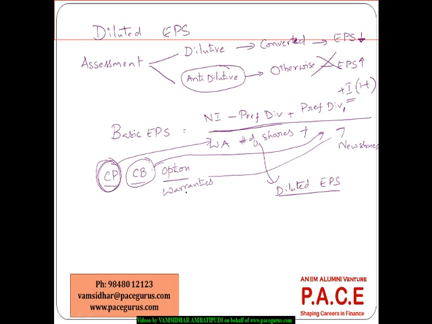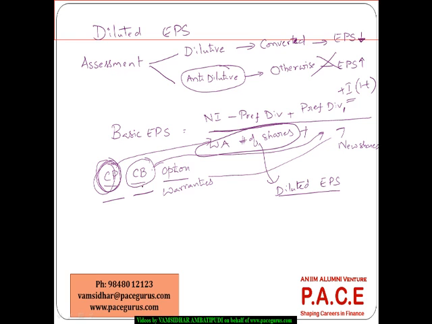So the denominator will be adjusted for the equivalent number of shares from convertible preference stock which get converted into equity, or convertible bonds, to how many equity shares they are getting converted into. All these things I compute separately and add to this list.